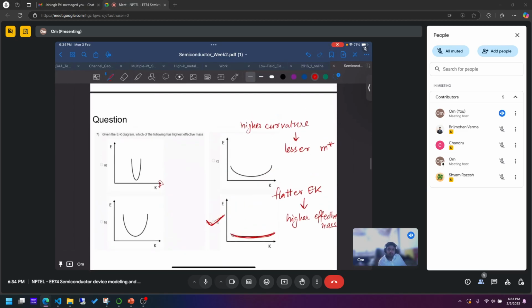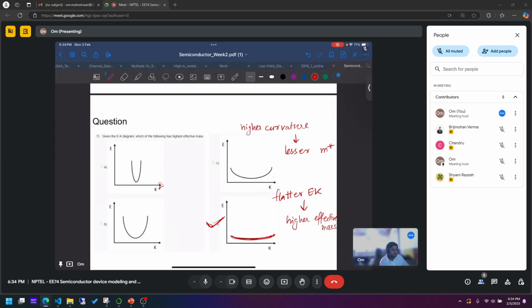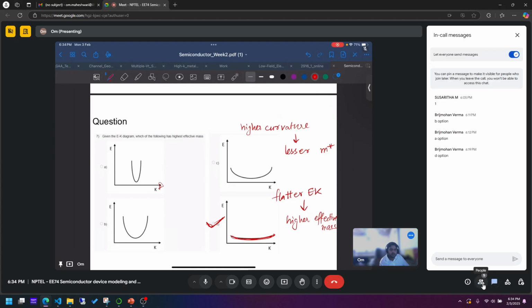Does this make sense? Is there any doubt in this? Or have you guys seen the solution of Schrodinger equation or not?